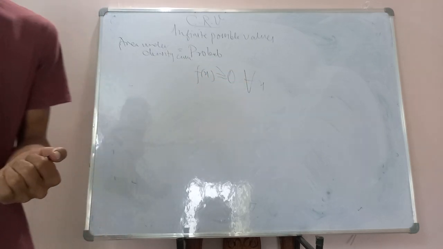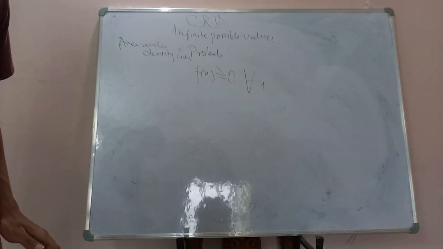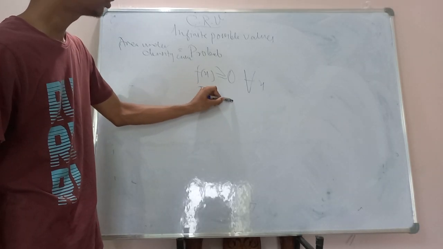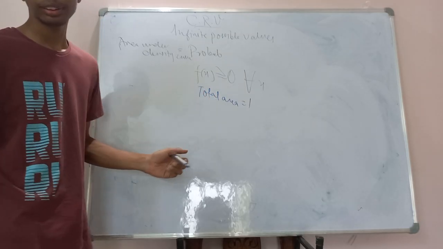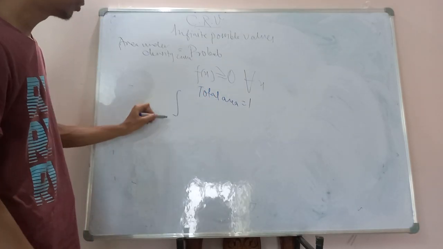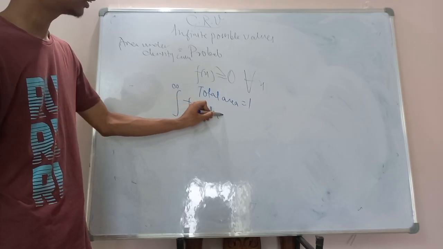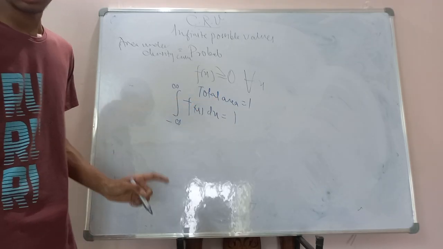And the total area under the curve should be equal to 1, so it should be the integral from minus infinity to infinity of f(x) dx equal to 1.